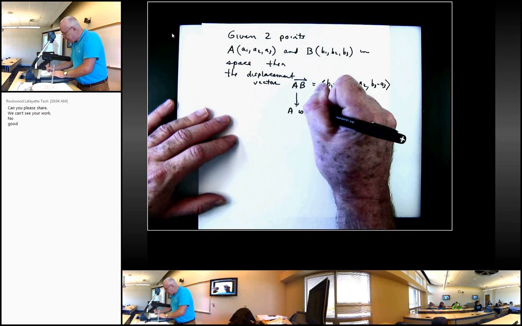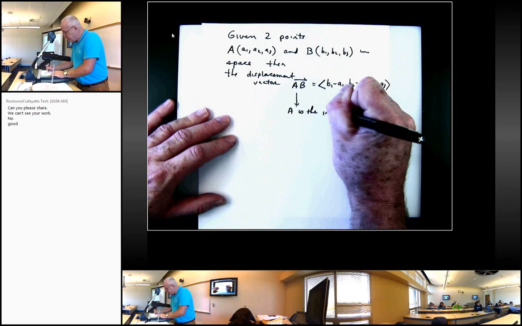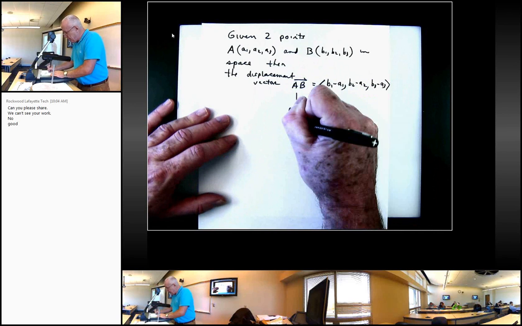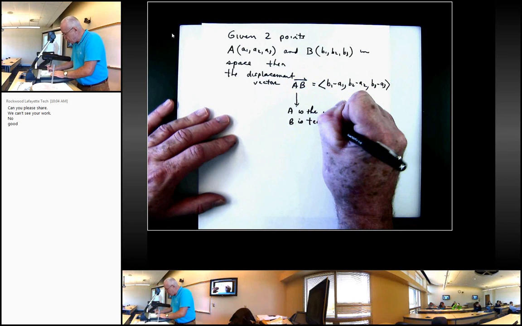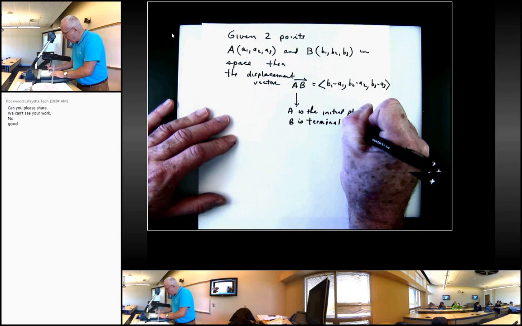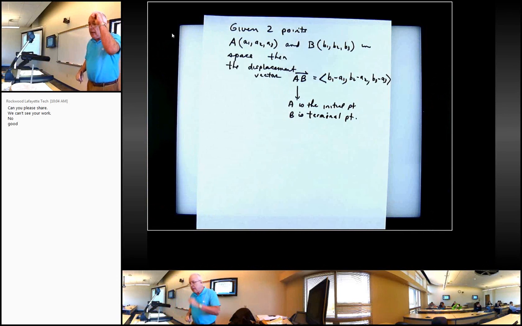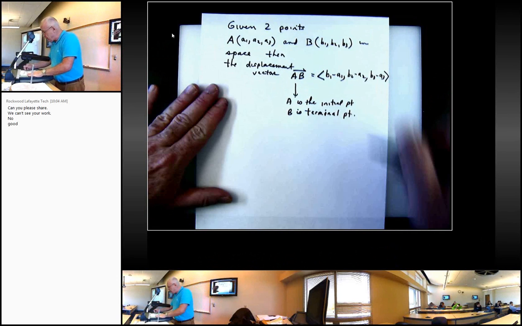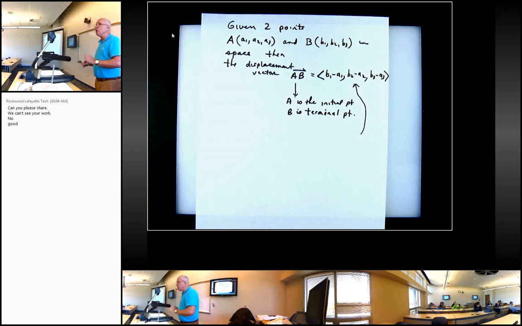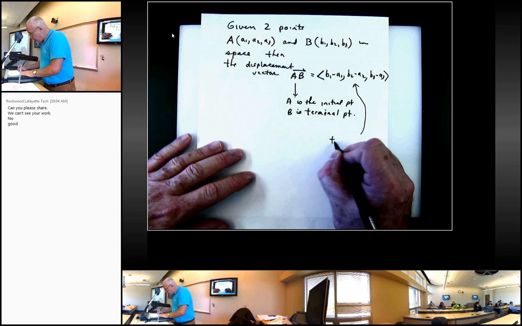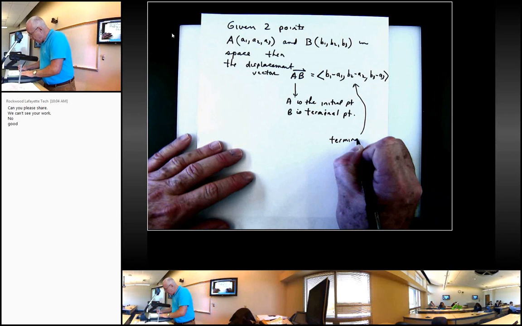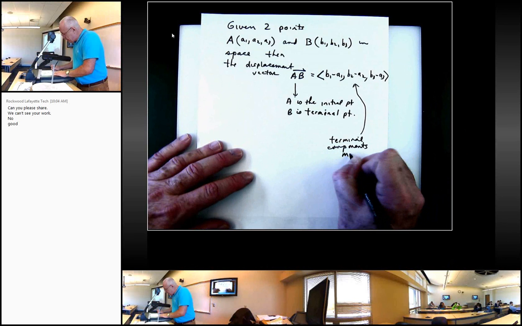Here A is the initial point, and B is our terminal point. So it's basically terminal components minus initial components.